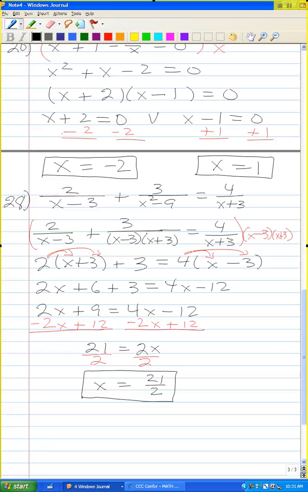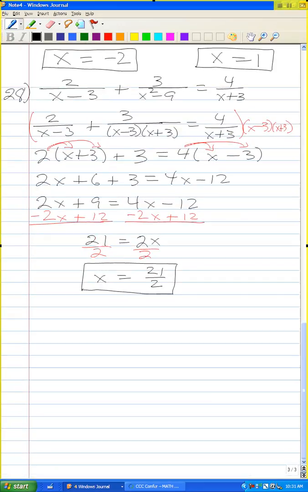Let me do problem number 36. 3 over x minus 3, minus 5 over x plus 3, equals 4.